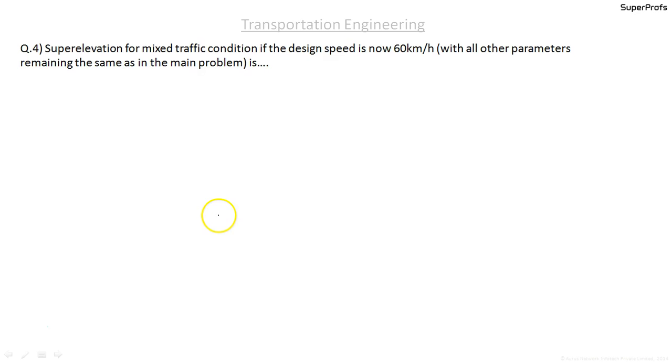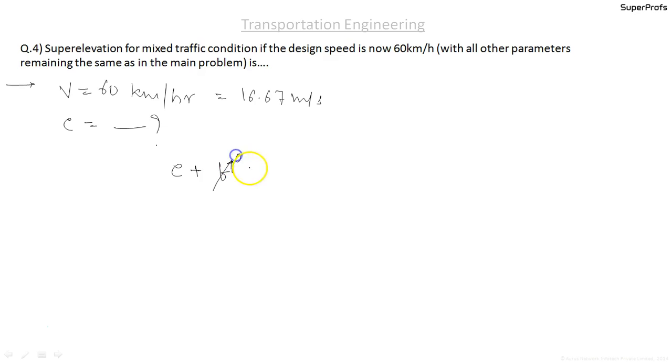Okay guys, so the next question is super elevation for mixed traffic condition if the design speed is 60 kilometers per hour, with other parameters remaining the same as in the main part. So V is given to be 60 kilometers per hour, which is equal to 16.67 meters per second, and they are asking what is E. So E plus F, with F equal to 0, equals 0.75 V square upon GR.